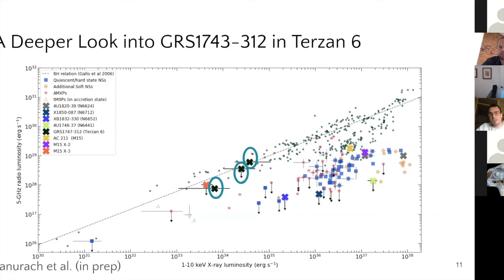And so what extra parameters other than accretion rate do you think might be relevant for understanding this complexity? You got into this a little bit in talking about the variability, but I'm curious if you have any more thoughts on that. Yeah, that is definitely something that we may want to go further into in the future. That's a good question. Thank you.